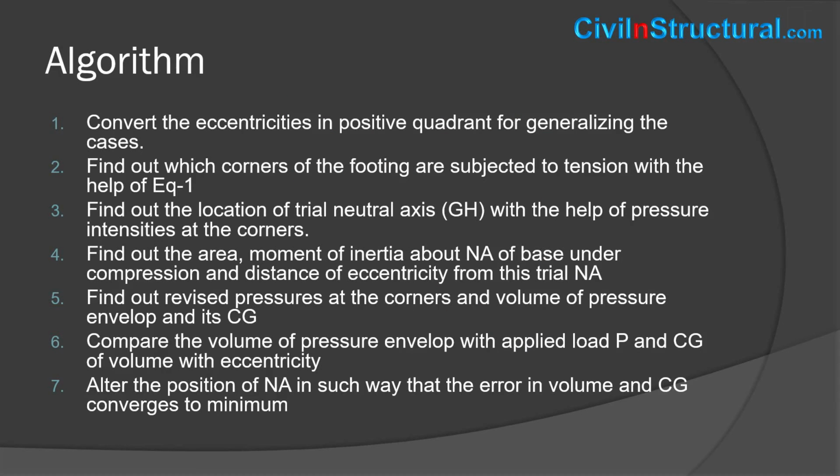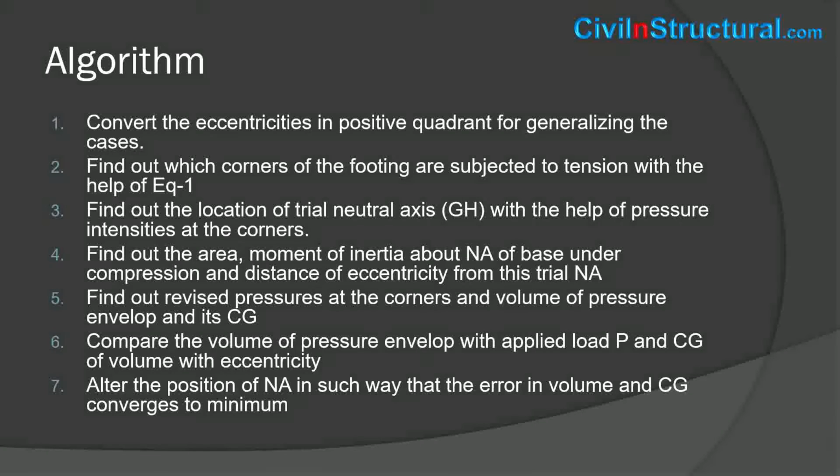To achieve this, an algorithm for programming is to be followed. First, convert the eccentricity to the positive quadrant for generalizing the case. Find out which corners of the footing are subjected to tension with the help of equation 1, which we discussed in an earlier slide. Find out the location of trial neutral axis GH with the help of pressure intensities at the corners.